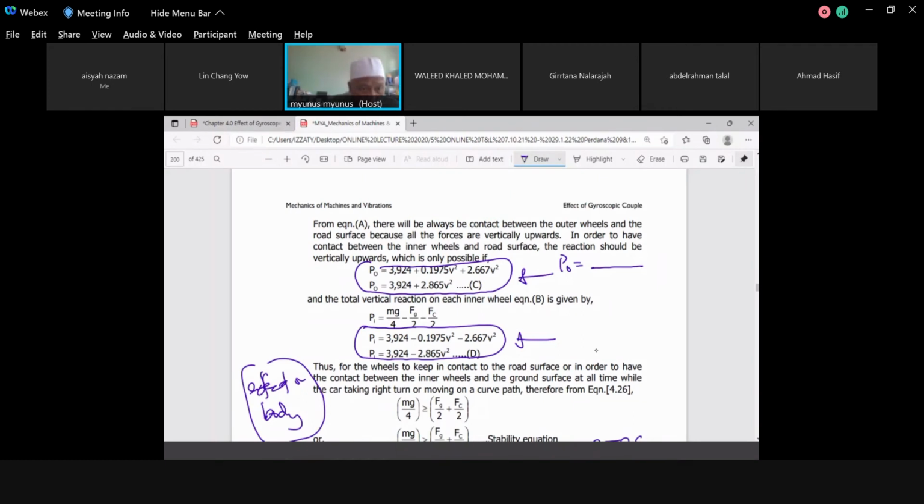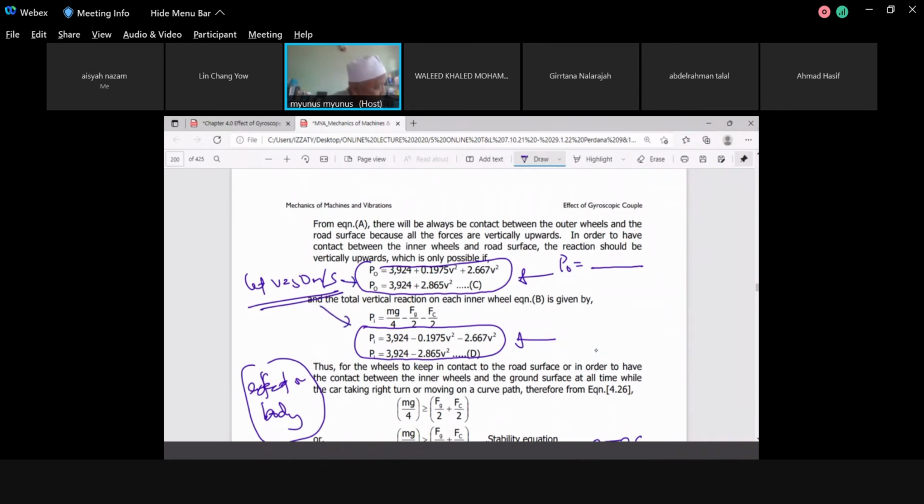Now let V be equal to 50 meters per second, because you want to check. Let it exceed whatever you calculated earlier for the limiting speed. So you put V50 here.